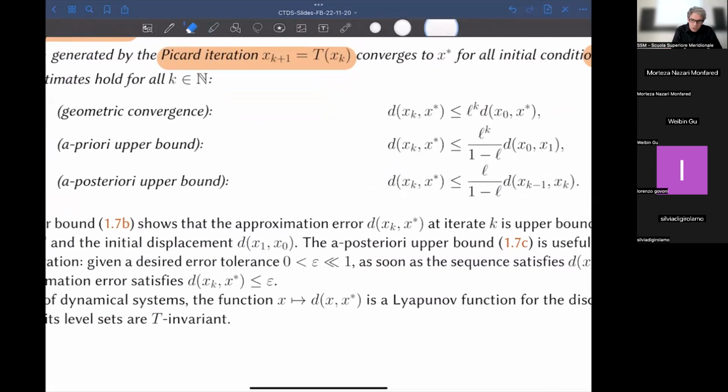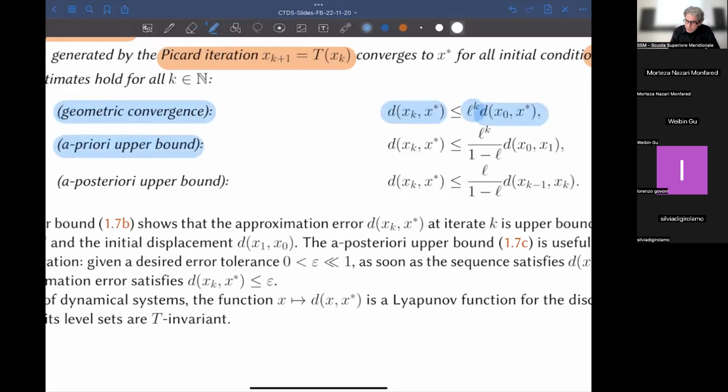The first one I'm going to call the geometric convergence. So this says that at discrete time k, the distance to the fixed point is upper bounded by the initial distance times L to the k. So you know that when k goes to infinity, this goes to 0, geometric decrease. But also, there's an a priori upper bound.